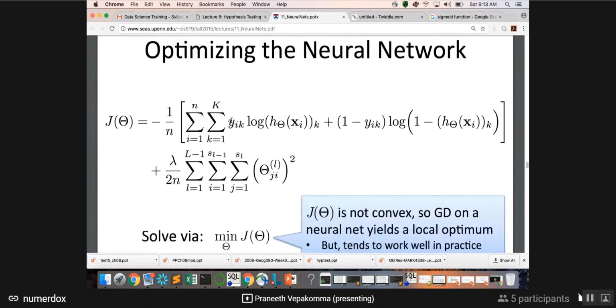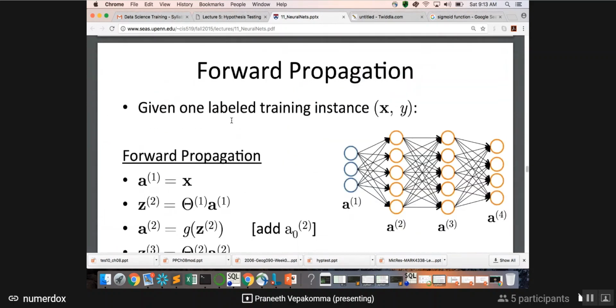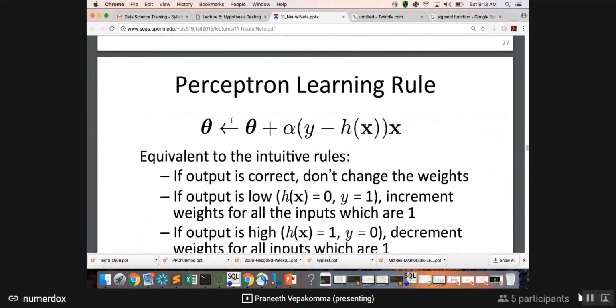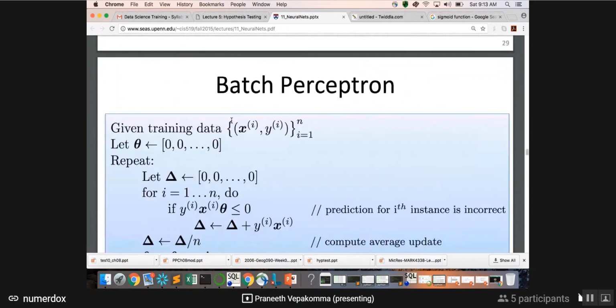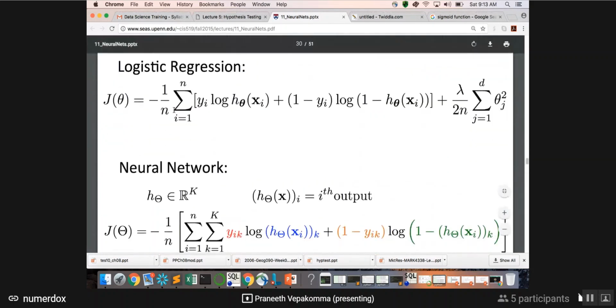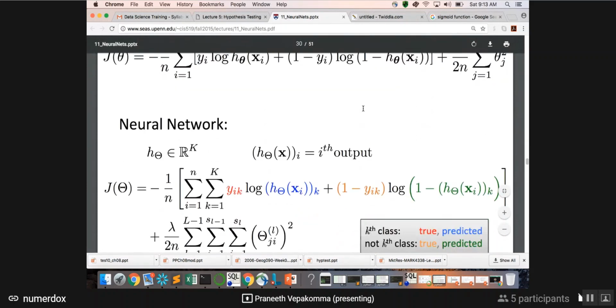I think you should be mentioning entropy somewhere. The reason logistic regression is put here is that this objective function looks similar to this.